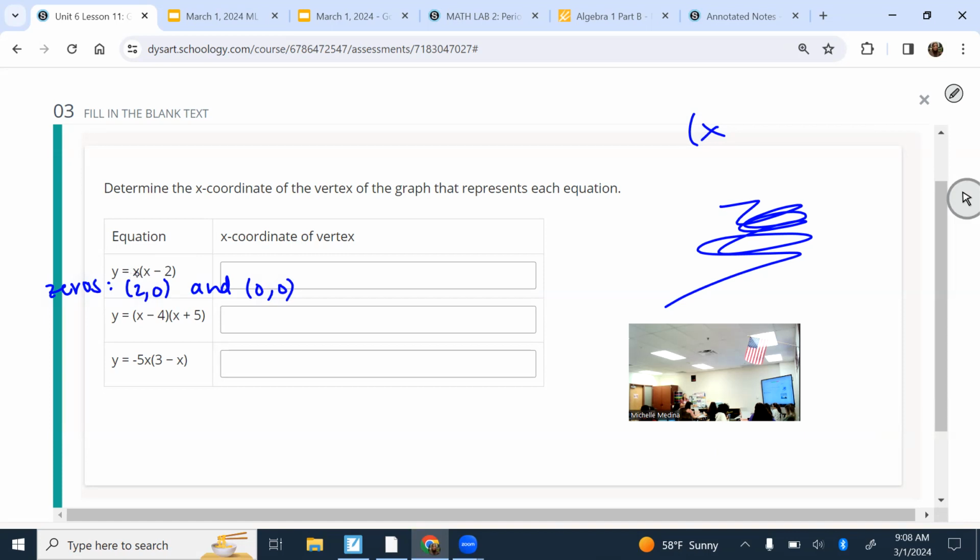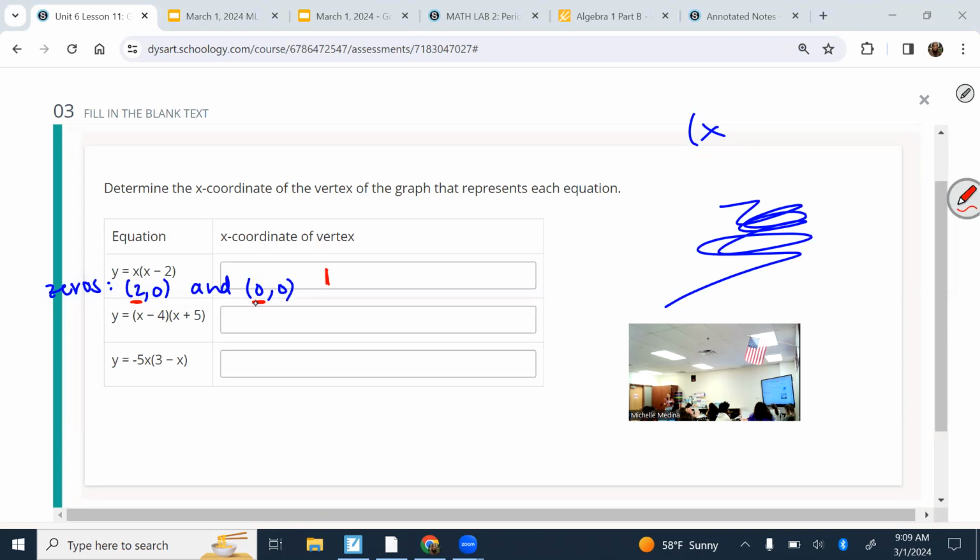And then if it's just a single term times the 2 term, that other 0 is gonna be 0. Now think about what the halfway point between 0 and 2 would be. 1 is correct. Or average out the x values, 2 plus 0 is 2, divided by 2 is 1. So you should have just typed in a 1 on that one.